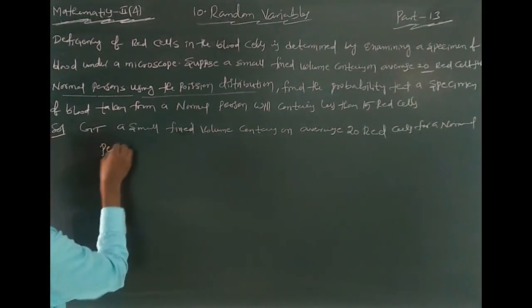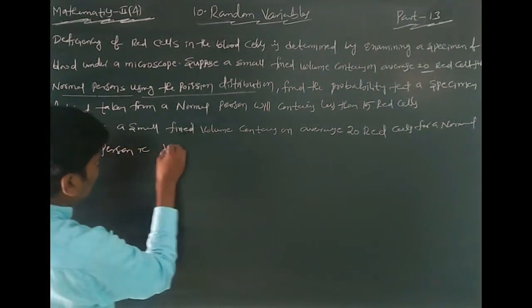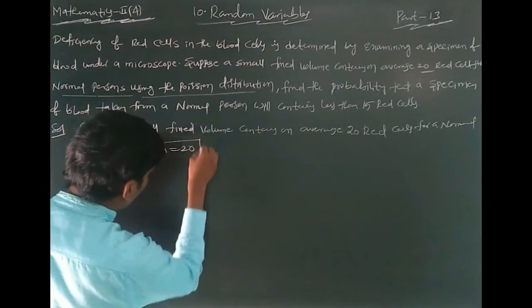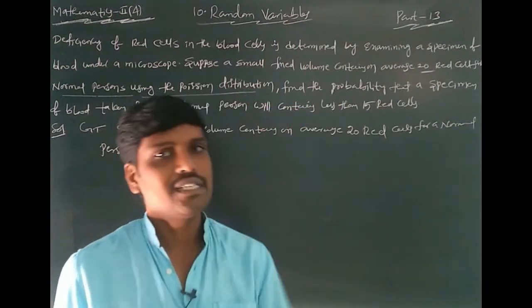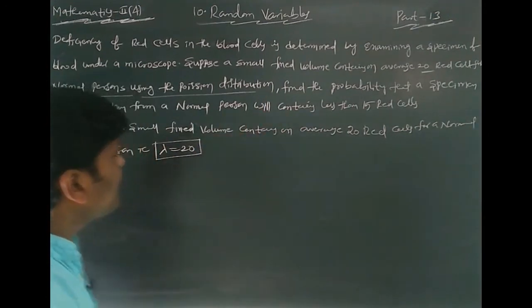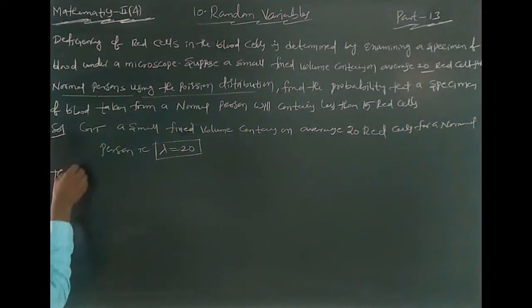That is lambda. Lambda equal to how much here? Lambda equal to the normal person's red cells, which is 20. That is lambda.